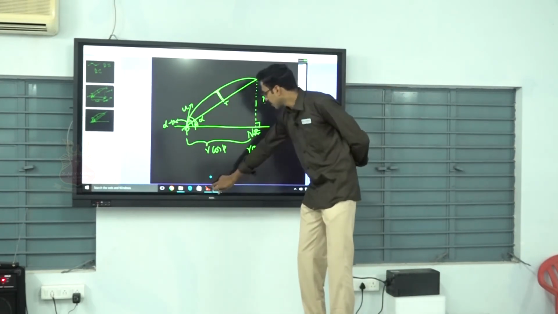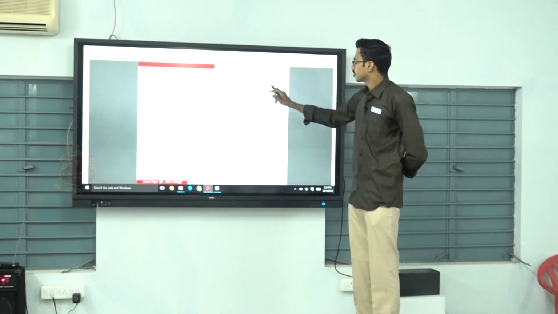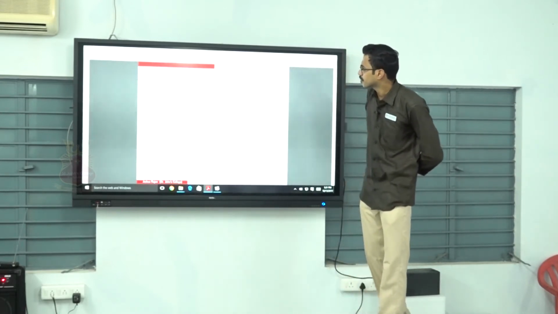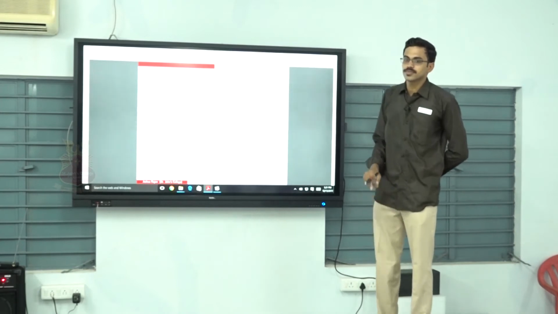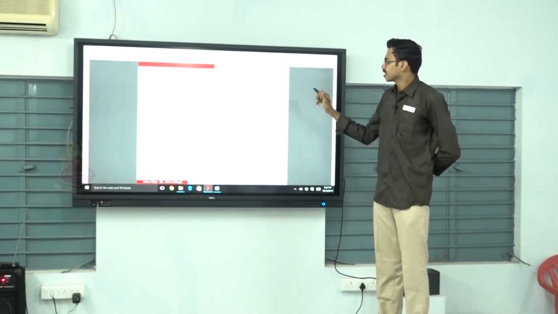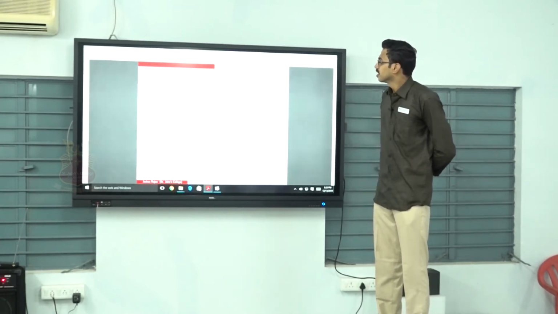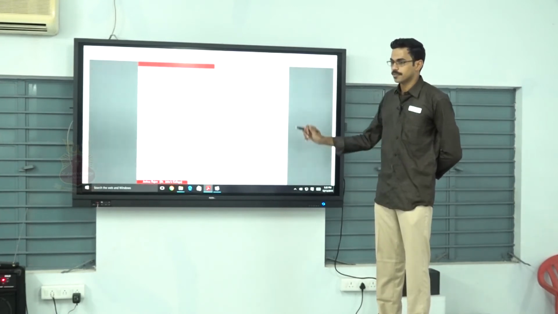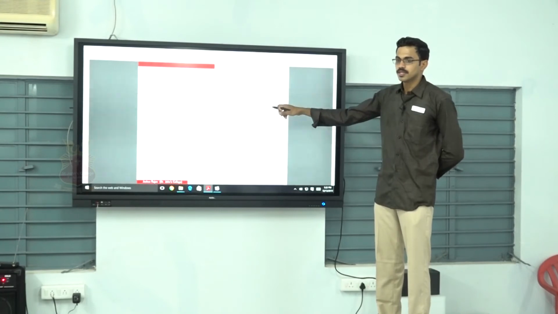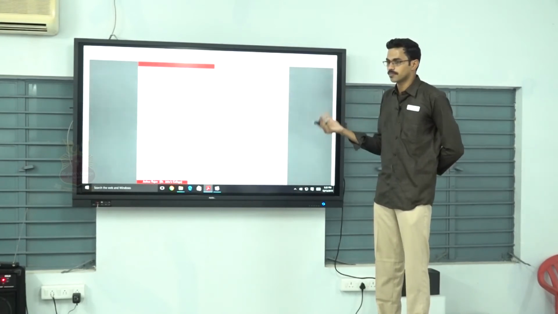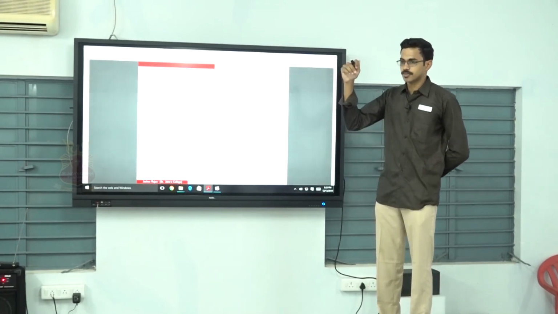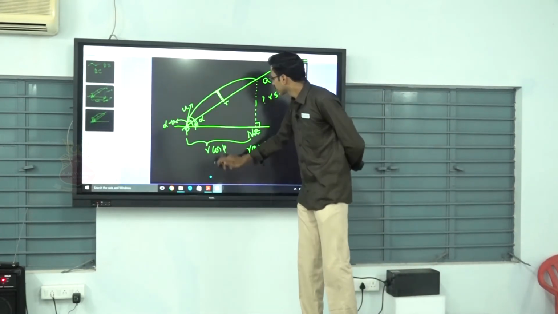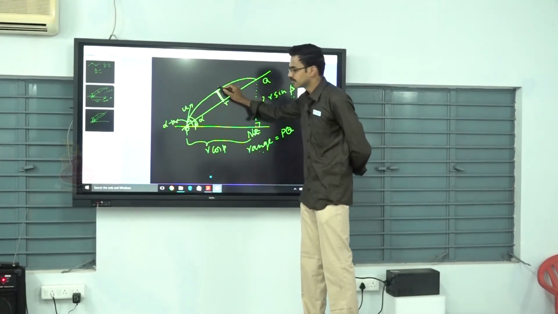Okay, the same idea we used here to find the greatest distance of the projectile from the inclined plane. The greatest distance from the inclined plane is the maximum perpendicular distance, isn't it? It's the maximum perpendicular distance from the plane to the path of the projectile.